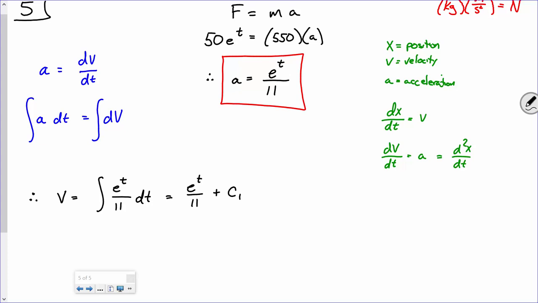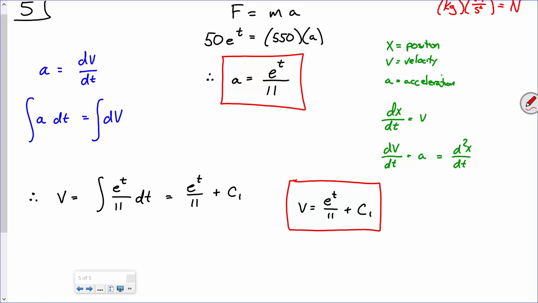So, I've got that the velocity is e to the t plus C1. I got that C1 there. How do I get rid of that? I get rid of that by using boundary conditions, okay? How did this particle start out?